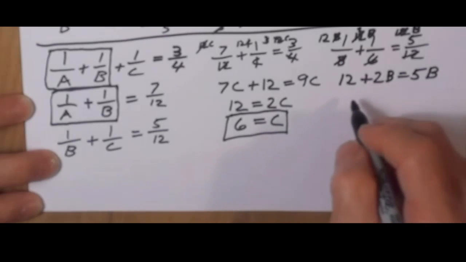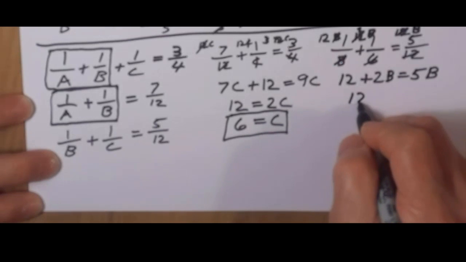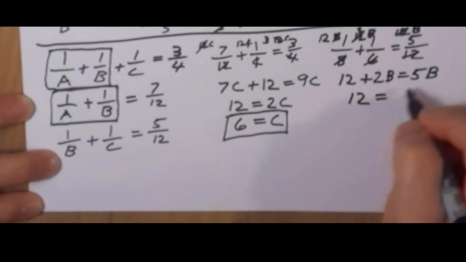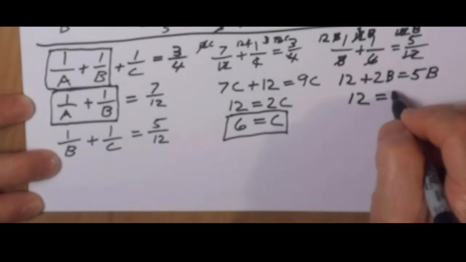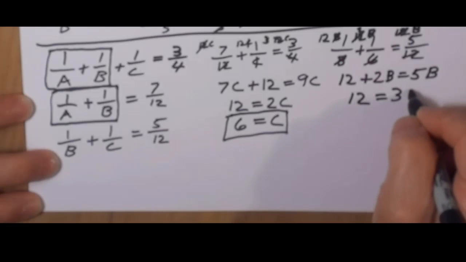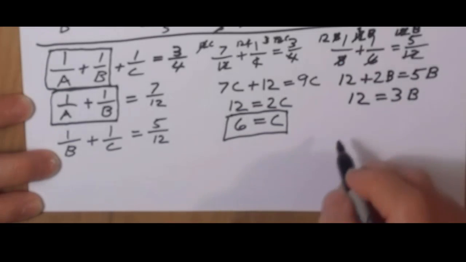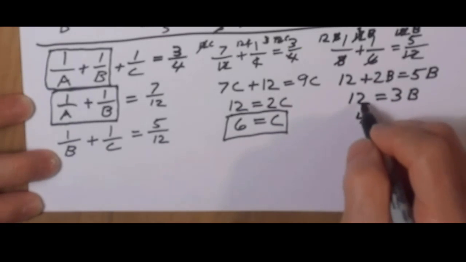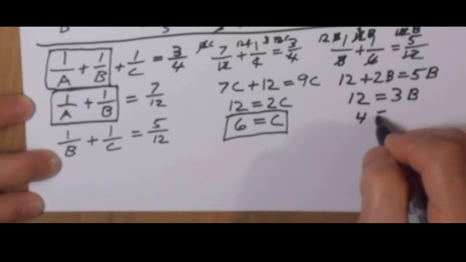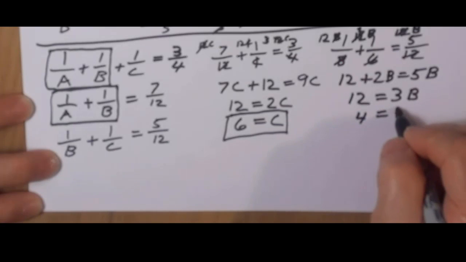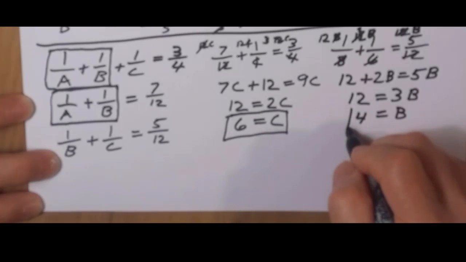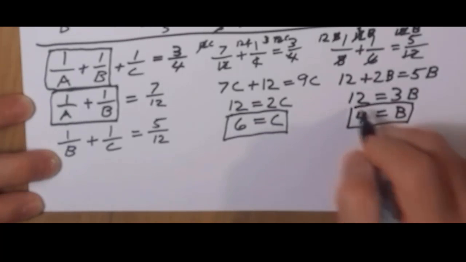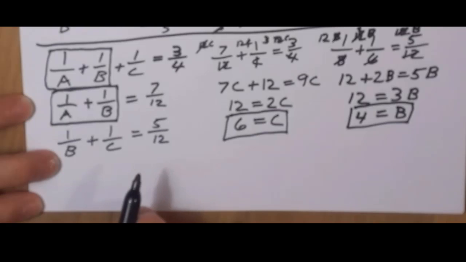Subtract 2b from both sides. 12 equals 5b minus 2b is 3b. Divide both sides by 3. And you have 4 equals b. All right, that's another solution.